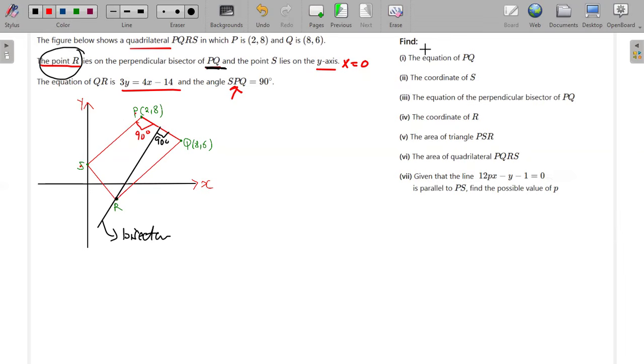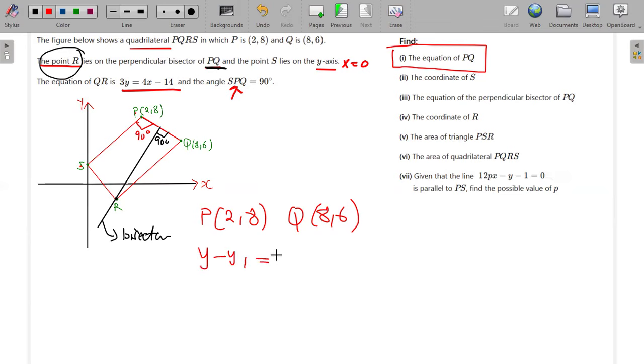Let's look at what they're asking us to find. The first question is to find the equation of PQ. P has the point (2,8), Q has the point (8,6), so you want me to find the equation of the line that passes through these points. We've been given two points, so it will be y minus y1 equals y2 minus y1 divided by x2 minus x1, then times x minus x1.